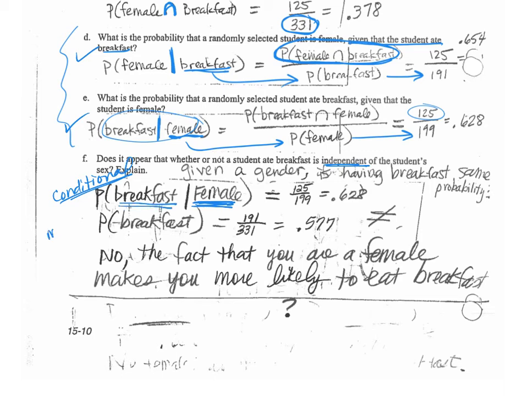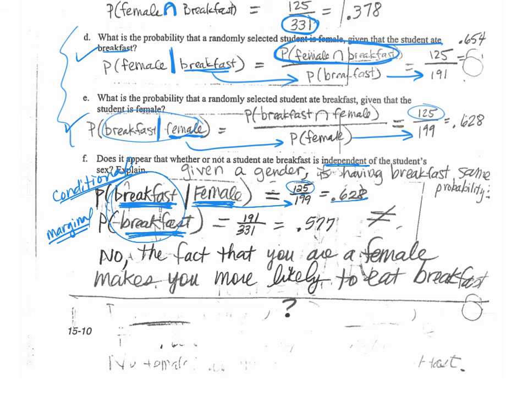And so then my marginal has to be this breakfast overall. Remember, the marginal is always the same thing as the conditional's first word, event. So again, here is the female and then the breakfast eating female, so that's 0.628. And then overall, your breakfast overall is 191 out of it.